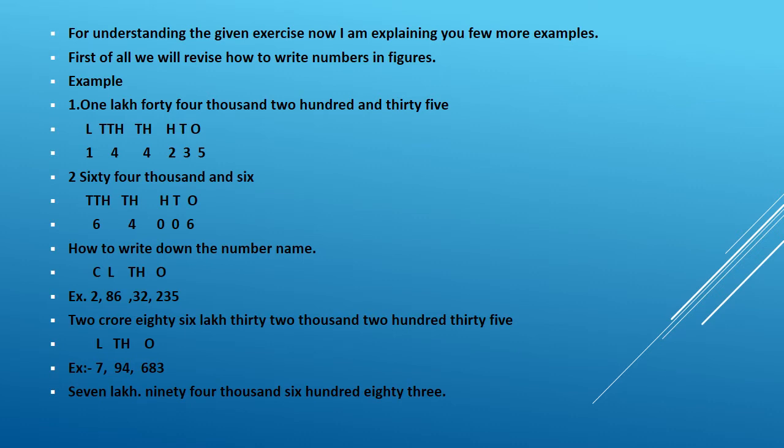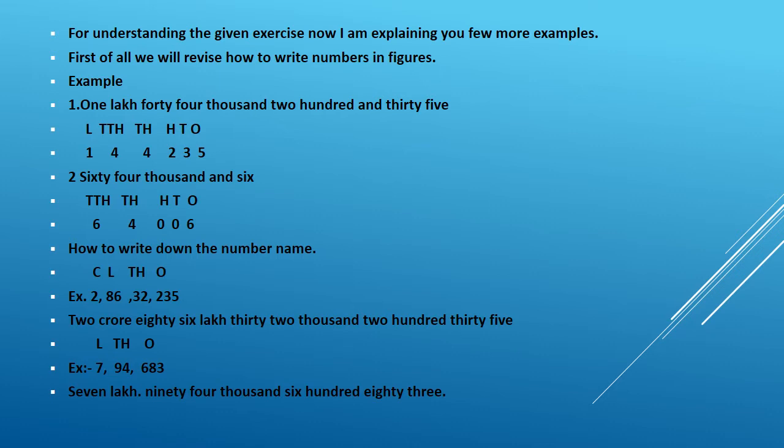First of all, write down the place value: ones, tens, hundred, thousand, 10,000, lakh. 1 lakh you have to write under lakh place. 44,000 you have to write under 1,000 and 10,000 place. And 230 you have to write under 100, tens and ones place.